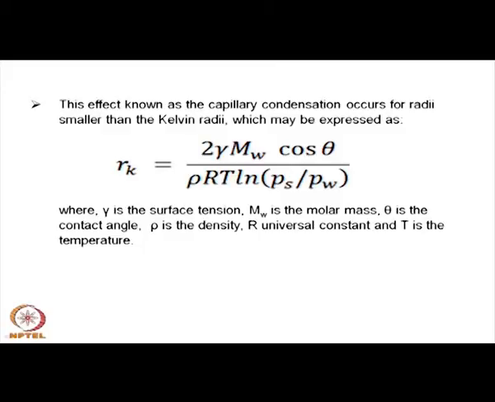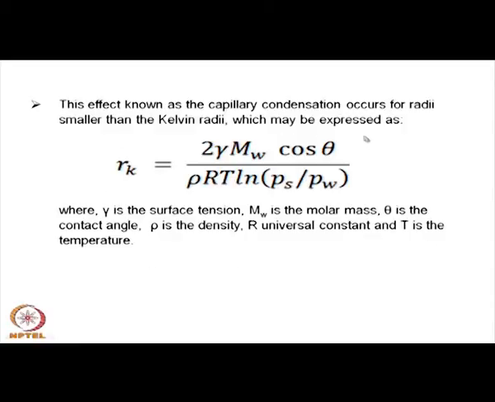So, whatever relative humidity you want to measure, depending on that the pore structure has to be designed properly, because Rk, the Kelvin radius, is related to different parameters: gamma Mw cos theta over rho RT ln Ps by Pw, where gamma is the surface tension and Mw is the molar mass, theta is the contact angle of that particular pore, and that depends on the material in which the pores are there. Rho is the density, R is the universal gas constant, and T is the temperature.